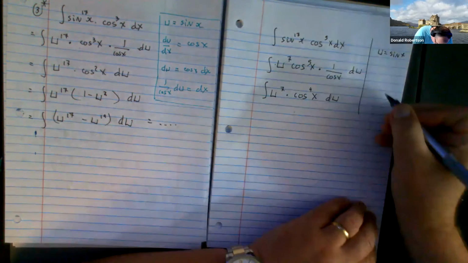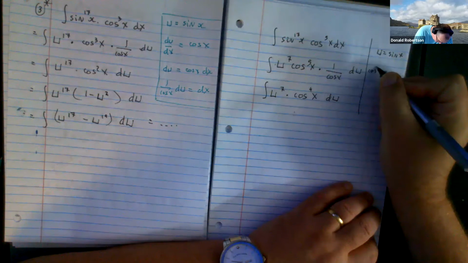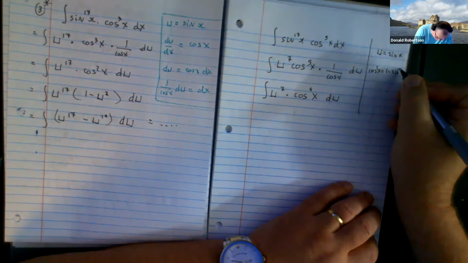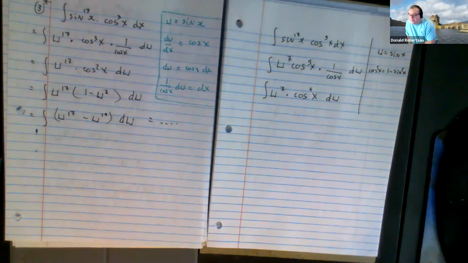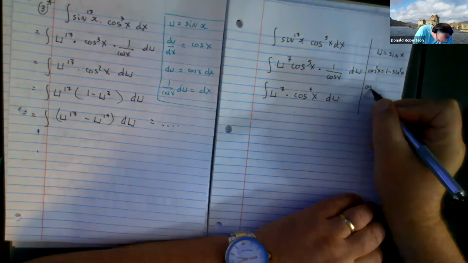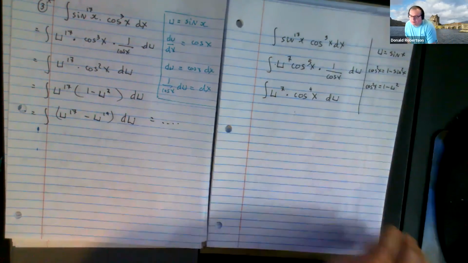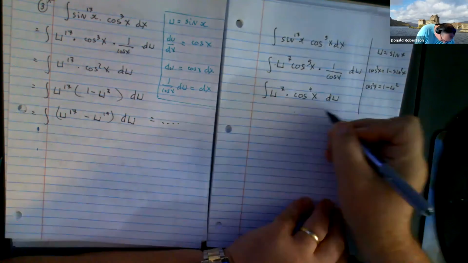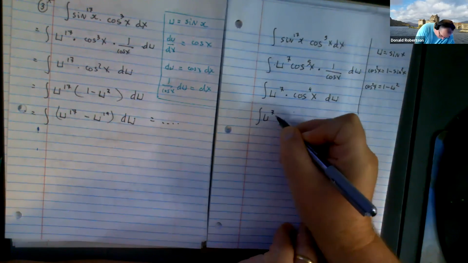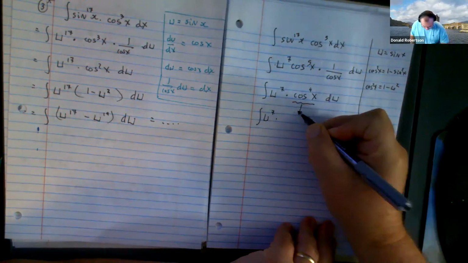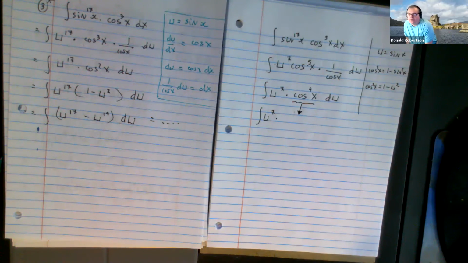Now, I already know, because I've done it a couple of times, that cos squared is 1 minus sine squared. Agreed? So that makes cos squared x 1 minus u squared. But what, in terms of u, does cosine to the 4th power of x get you?